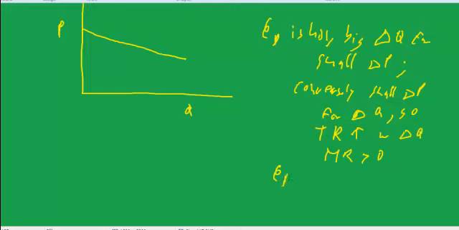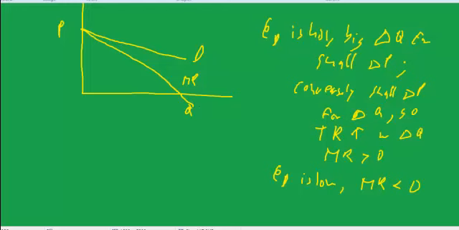When the elasticity of demand is low, then you get the opposite. Marginal revenue actually can be less than zero. So if we were to draw this, we have a demand curve, we have a marginal revenue curve.